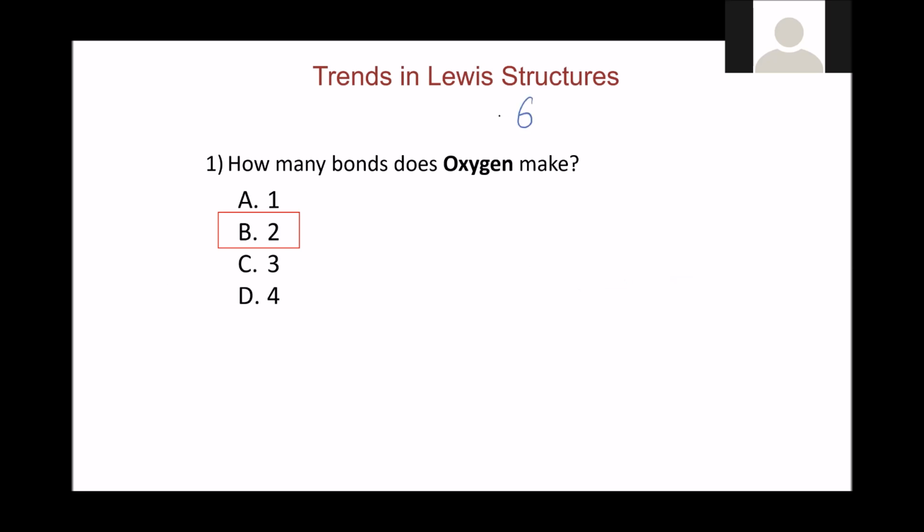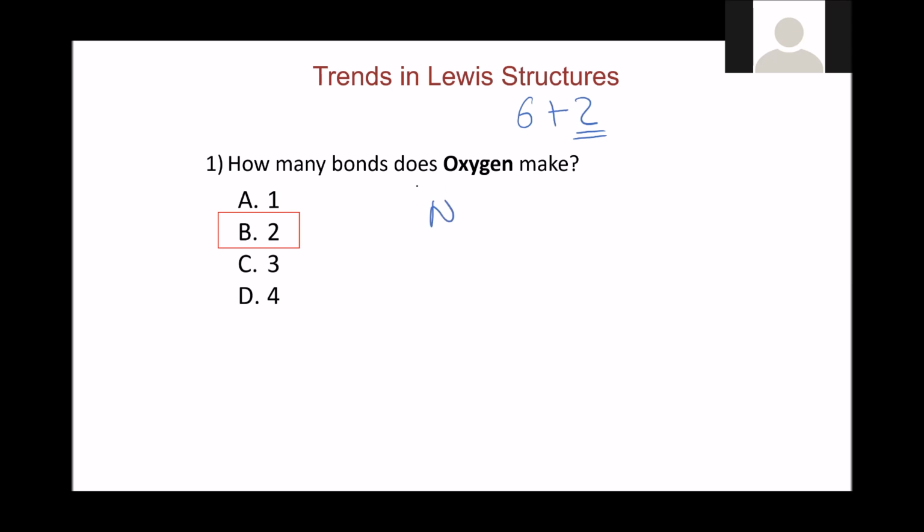So how many valence electrons does it need to reach the noble gas configuration? 2 more. That is the number of bonds that it favors. So oxygen usually favors making 2 bonds, which corresponds to the number of electrons that it needs to fulfill the octet rule, right?